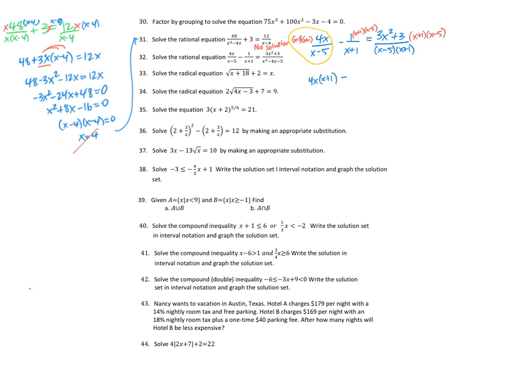Minus, and then I can see that x plus 1 over x plus 1 is going to go away, so I'll have just an x minus 5 here equals, then I'll have the x plus 1 over x plus 1 is going to reduce, and the x minus 5 over x minus 5 is going to reduce, so I'm just left with 3x squared plus 3 there. And so I can distribute this 4x in here, and also distribute that negative sign, and I'll be left with 4x squared plus 4x minus x plus 5 is equal to 3x squared plus 3.